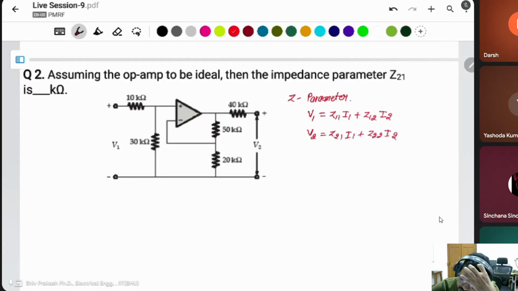In this question, it asks about Z21. It means Z21 is equal to V2 divided by I1 when I2 is 0. I2 is 0, it means there is no current through it. If there is no current, this is the current I1.